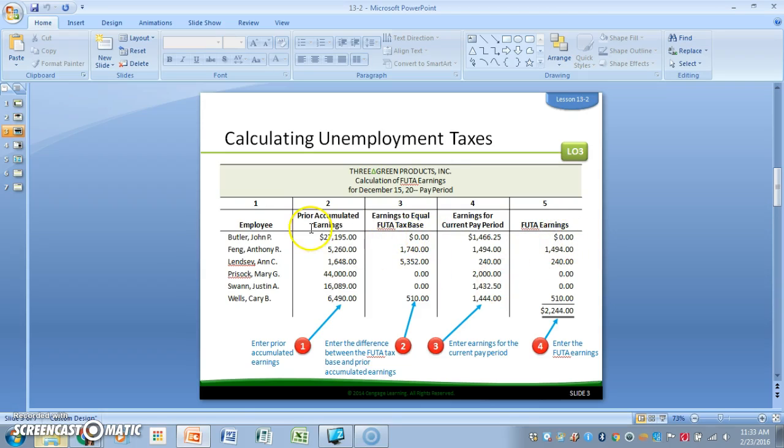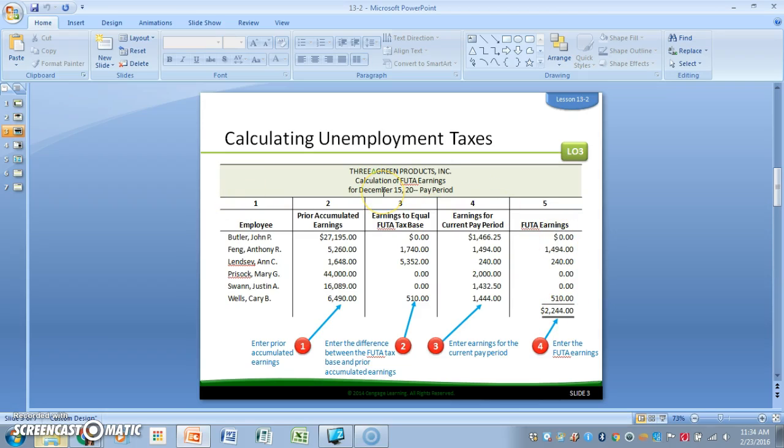No FUTA earnings. If you look at Anthony Feng, previously he has earned less than $7,000. So his current earnings would be eligible to have FUTA tax taken out of them. So you always want to look at what the employee's previous earnings were before you would determine if they had current FUTA earnings that you needed to tax.